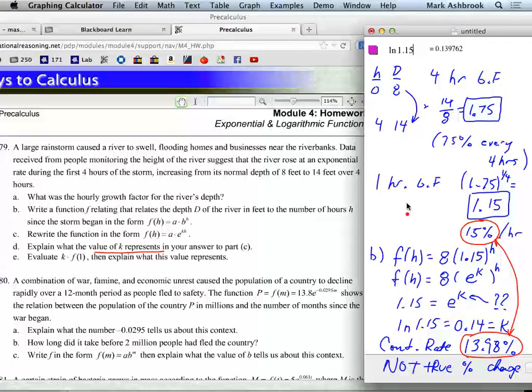For k, if it's negative, that means it's decreasing? That's right. Yeah, so when your k is greater than 0, like this one, you have increase. When k is less than 0, yeah, so let's write that down. When k is greater than 0, B is greater than 1. B greater than 1 means increase, right?